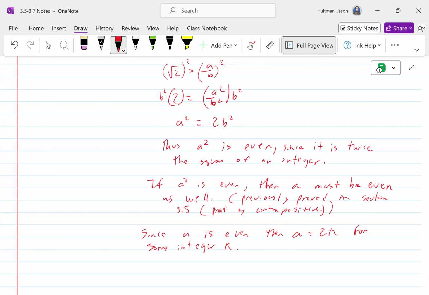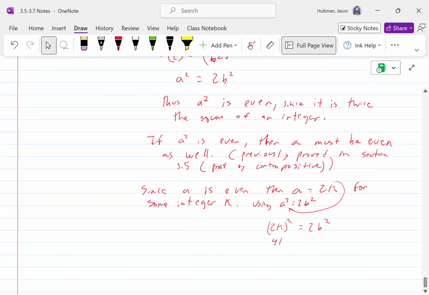Using a squared equals 2b squared, we can plug 2k in for a. So (2k) squared equals 2b squared.